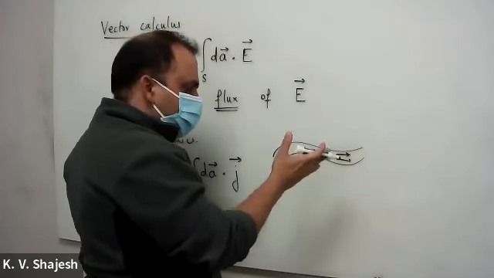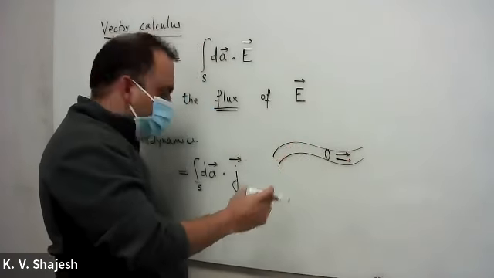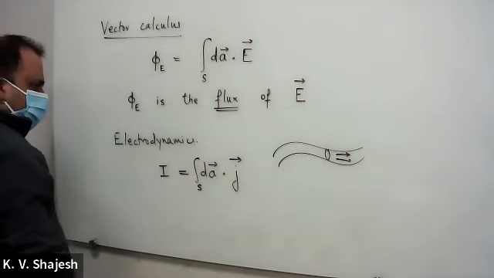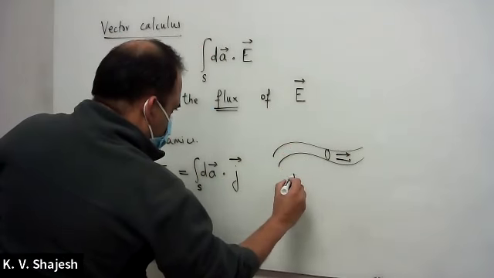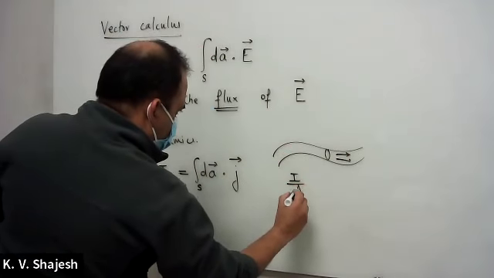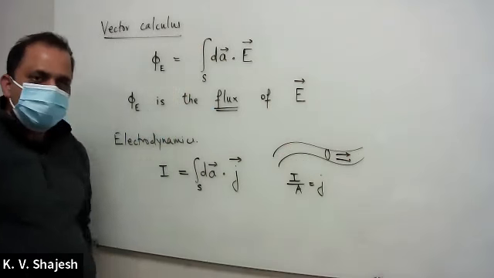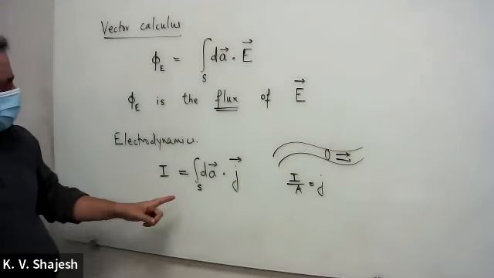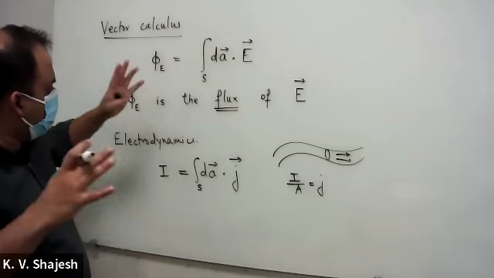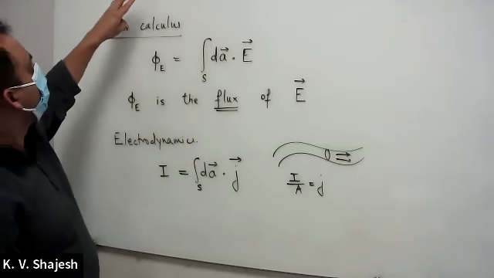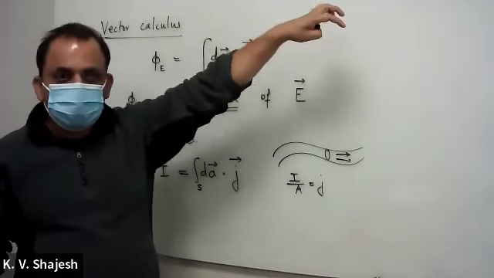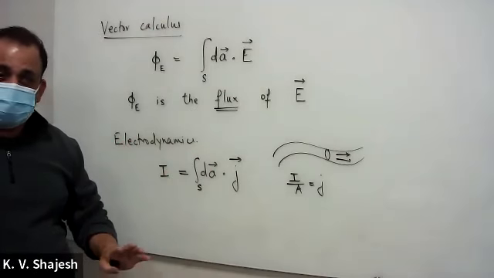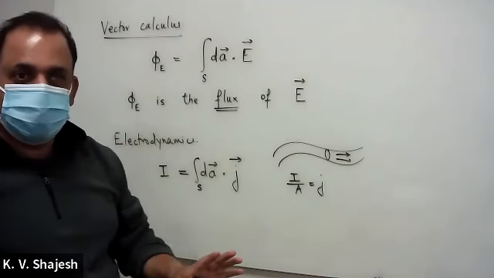You're taking that area; current per unit area is your J, right? So that's your I. If it's a constant surface, current per unit area is J. And that's not the same as this, right? So here, J is the flux of rho. Here, I is the flux of J. Both are different statements.